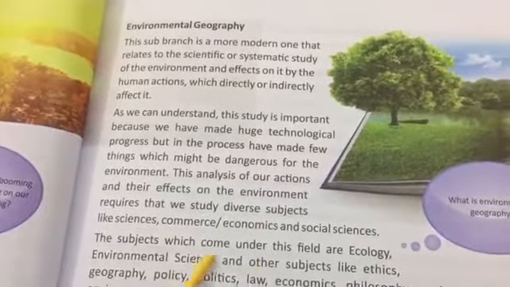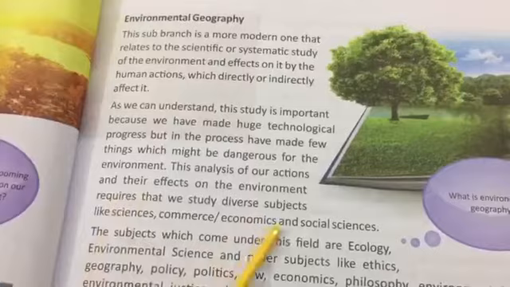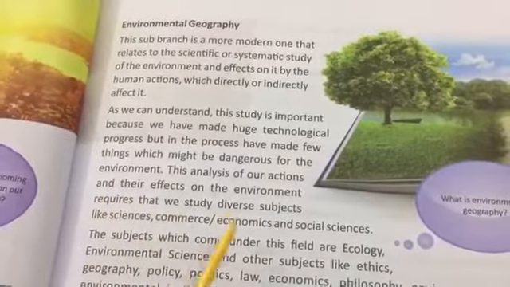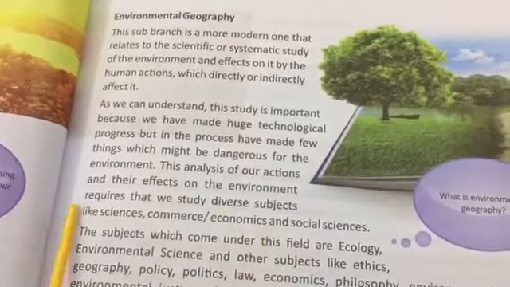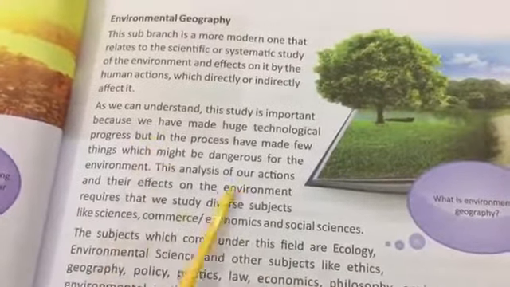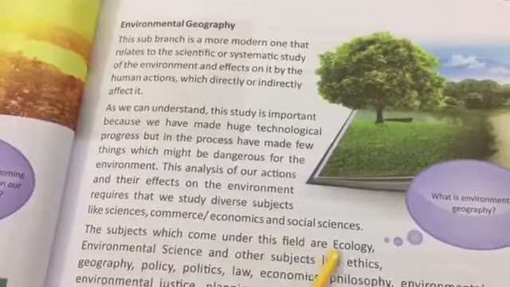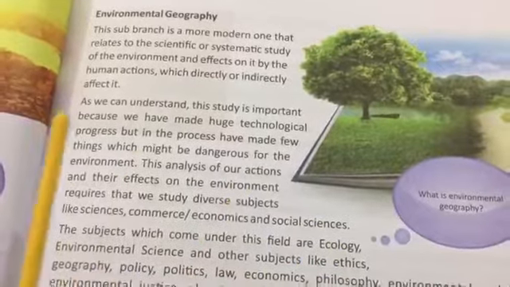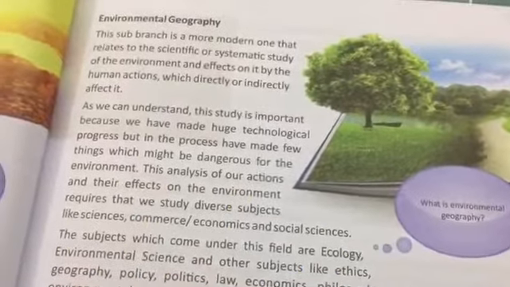So this analysis of our actions and their effects on the environment requires that we study diverse subjects like sciences, commerce, economics, and social sciences. We should study these subjects as well in order to prevent the damage to the environment.